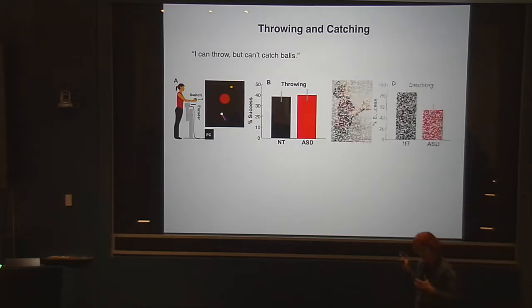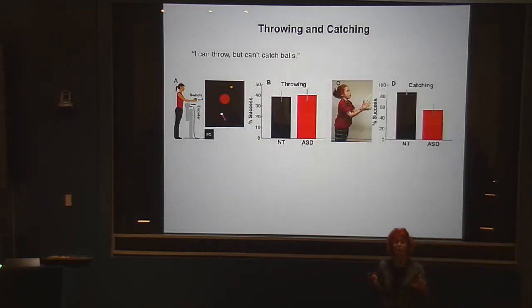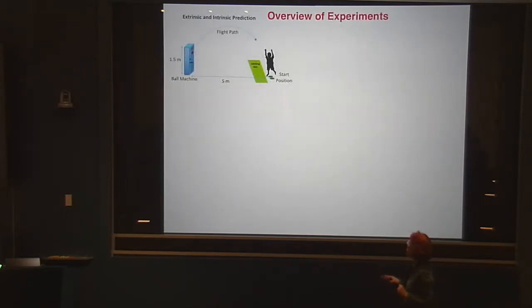This contrasts with another experiment where we looked at children catching a ball launched from a ping pong ball machine, two-handed typically, and you see a large discrepancy in the degree of success. So a very first relatively broad experiment was very much consistent with the anecdotal reports that we heard.